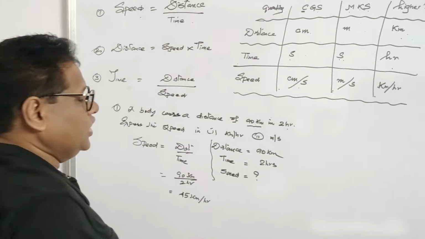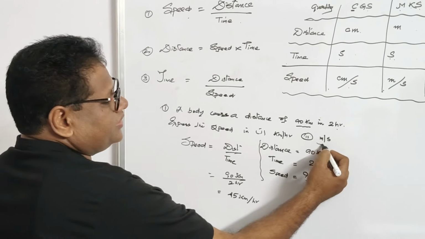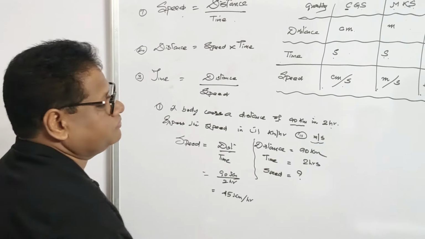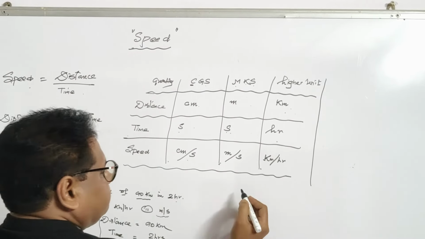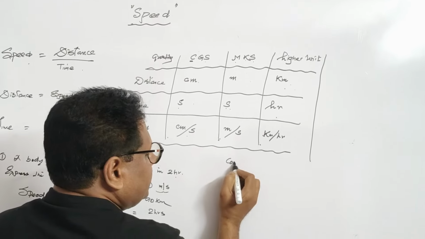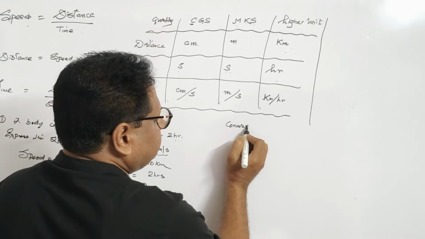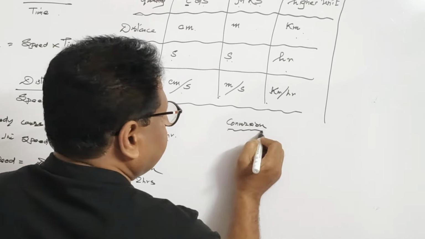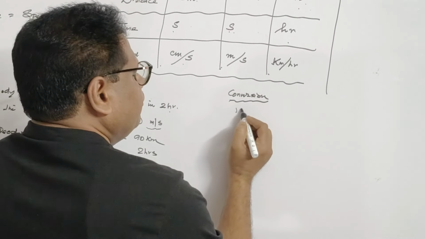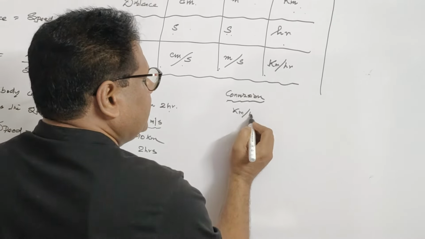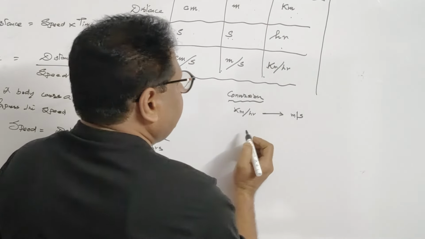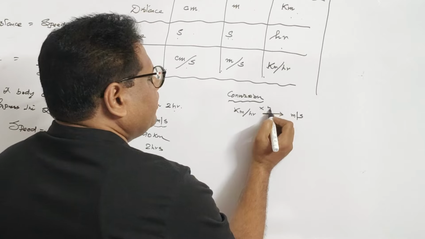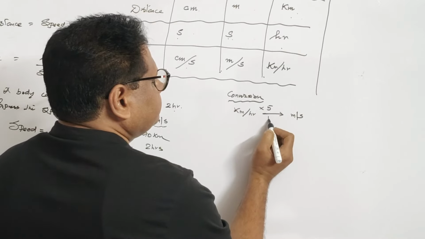Now the next part says you have to calculate the speed in meter per second. Now please try to understand the relation. This is the conversion we are giving. If you want to convert kilometer per hour into meter per second, multiply by 5 by 18.